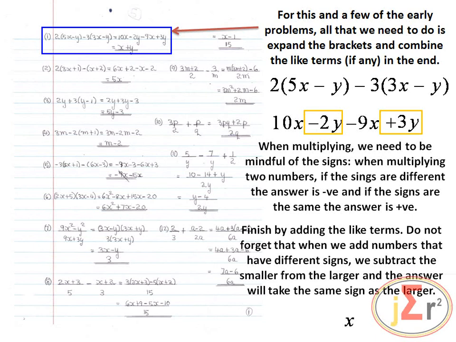We have negative 2y plus 3y. When we add these numbers with different signs, we subtract the smaller from the larger. 2 from 3 is 1. And the answer will take the same sign as the larger. 3 is larger than 2. The answer will take the same sign as the sign of the 3.